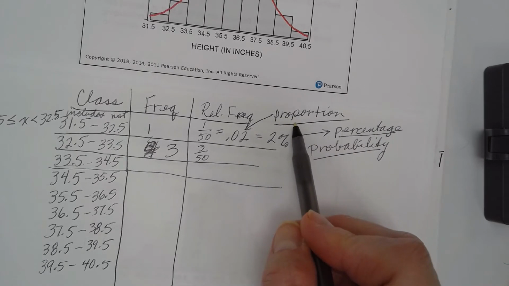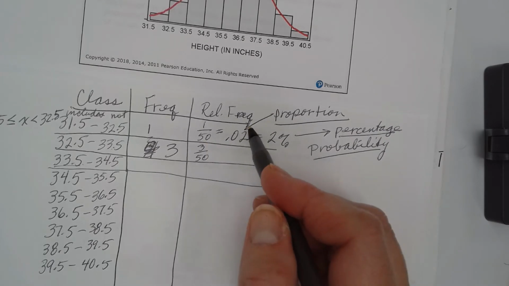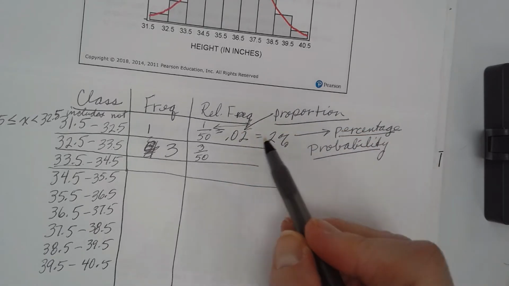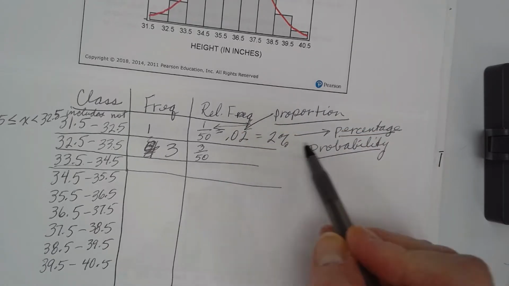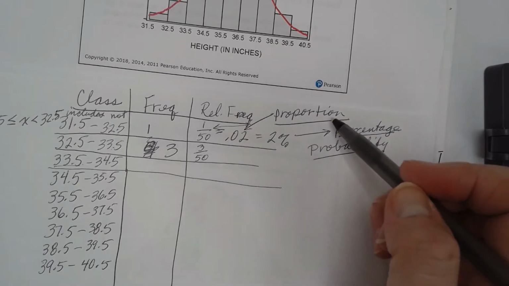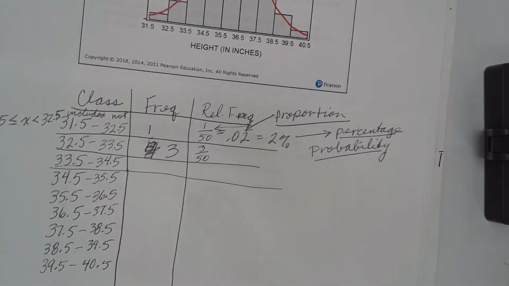The proportion is 1 out of 50, or 0.02, depending on how you write it, but those both mean proportion. And then when I move the decimal 2 places, that gives me the percentage. So that relative frequency tells me those 3 things. So when it asks you to interpret the area under the curve, those are the 3 interpretations.